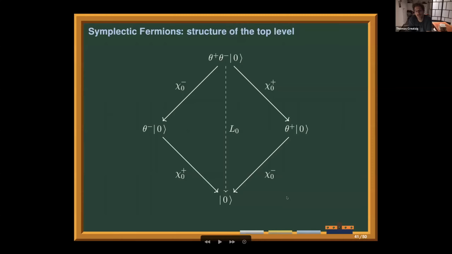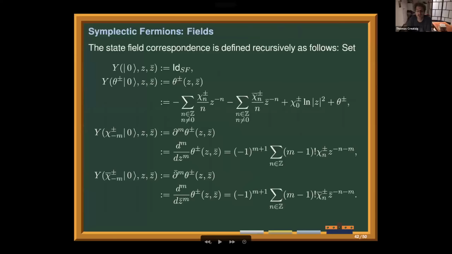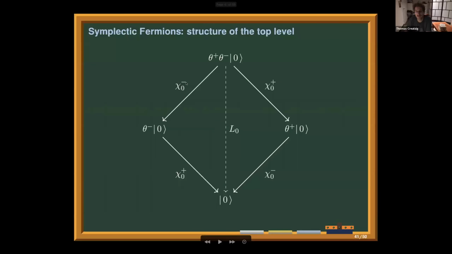On those, the differential operators d/d theta plus and d/d theta minus act. For example, d/d theta plus maps theta plus times theta minus to theta minus, and d/d theta minus maps theta minus to 1. These differential operators are identified with the zero modes of the symplectic fermions. So d/d theta plus is identified with chi0 minus and vice versa. It's just a convention.